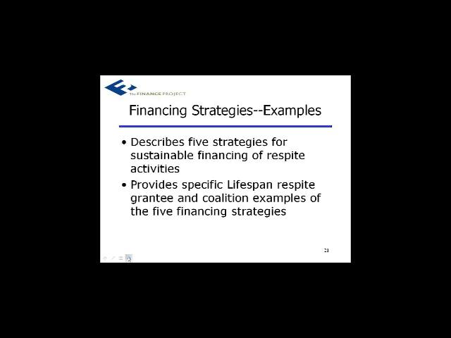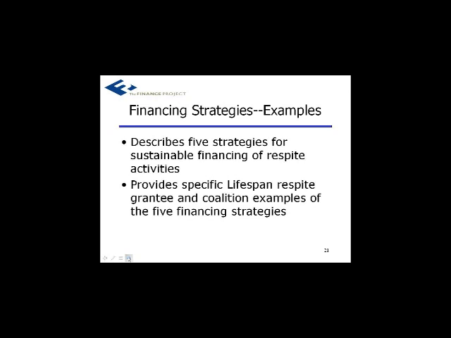Anticipating that strategic financing was going to be a challenge and an area where you wanted to dive deeply, we're going to do that today.